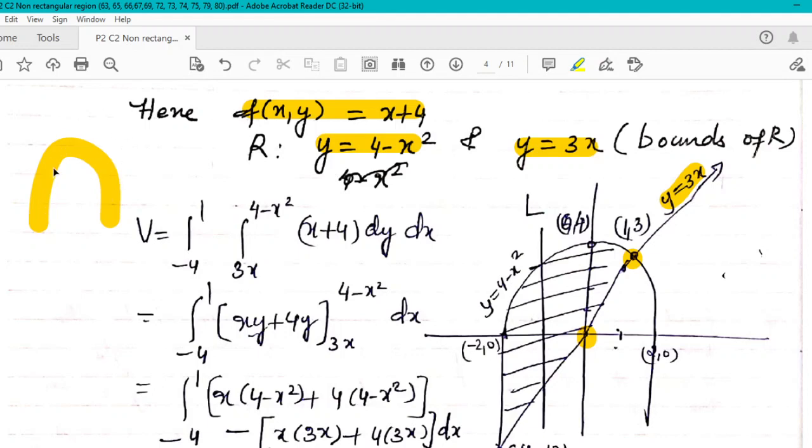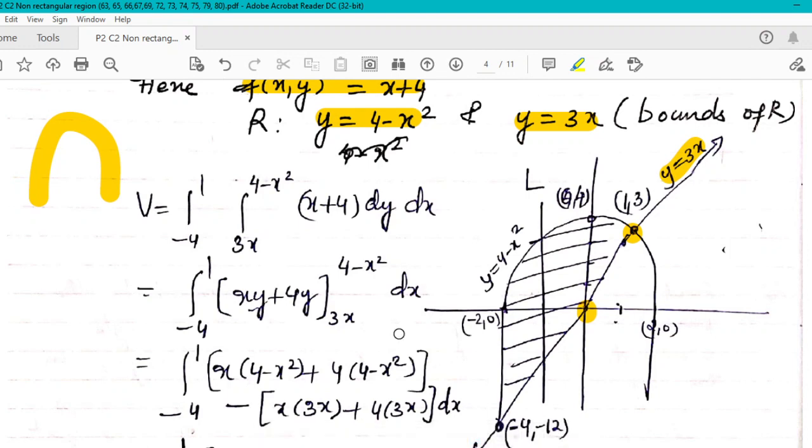Y equal to 4 minus x square should look like this. Now, if a parabola is drawn like this, it touches the x-axis and y-axis, and you have to see at what points this parabola touches the x-axis and y-axis.